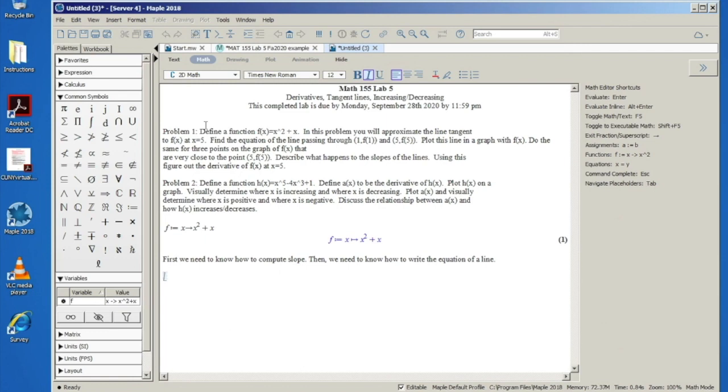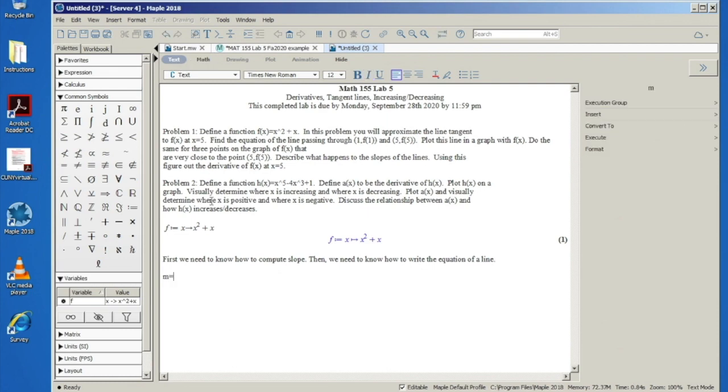To find the equation of the line, what you need to remember is the following equation. m equals y2 minus y1 divided by x2 minus x1, the change in y divided by the change in x.